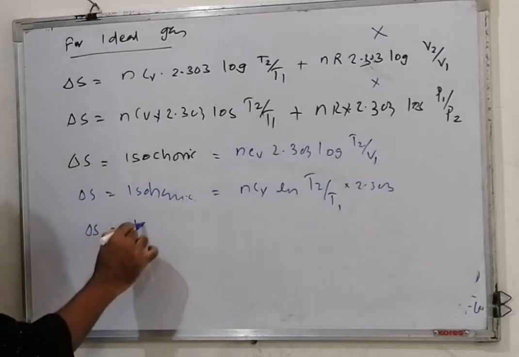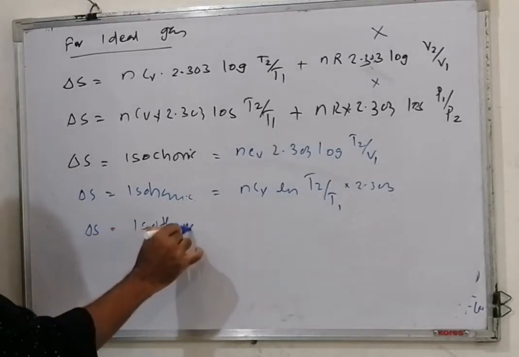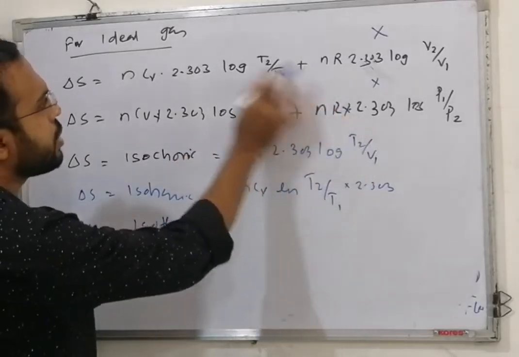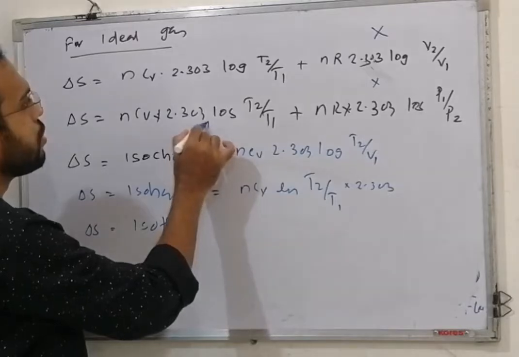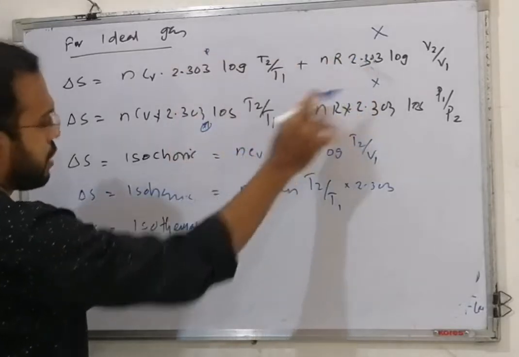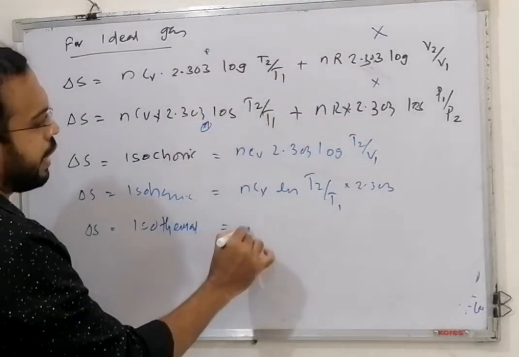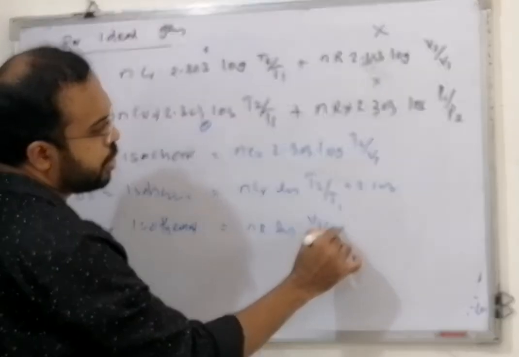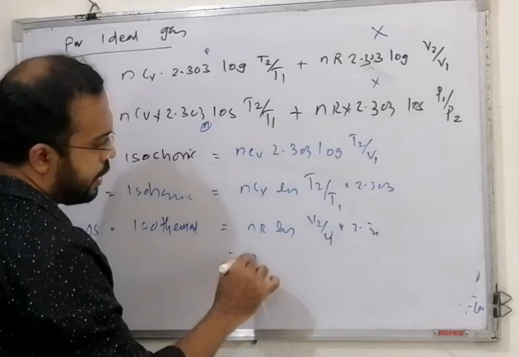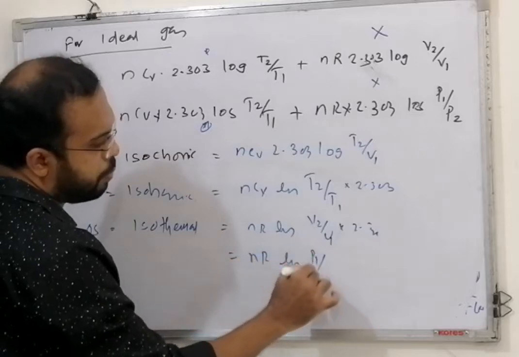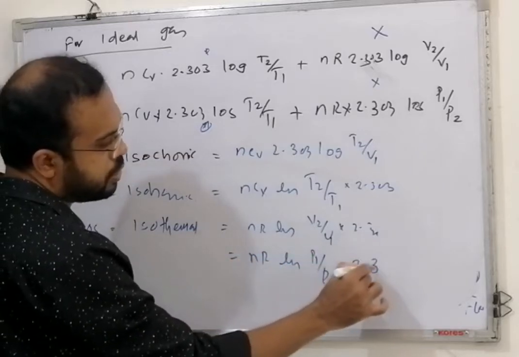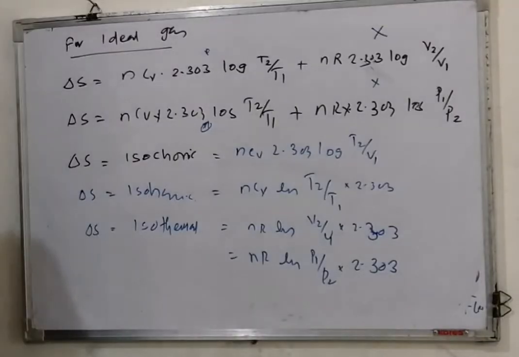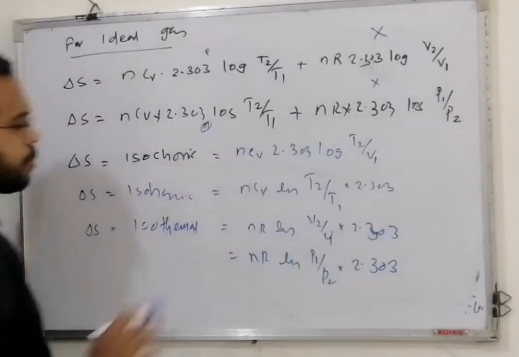Now delta S isothermal. Isothermal means you can use this equation, anyway this word is 0, this word is 0. You can use either this, that is nR ln V2 by V1 into 2.303 or nR ln P1 by P2 into 2.303. Okay. Here volume, here pressure.